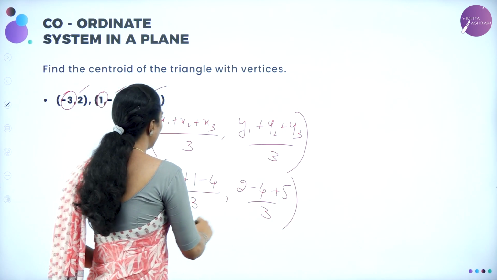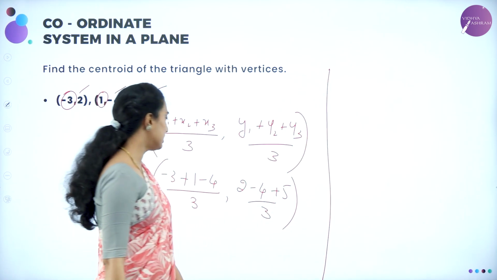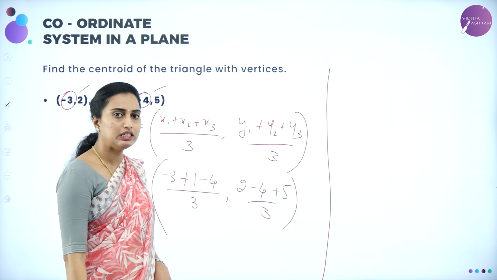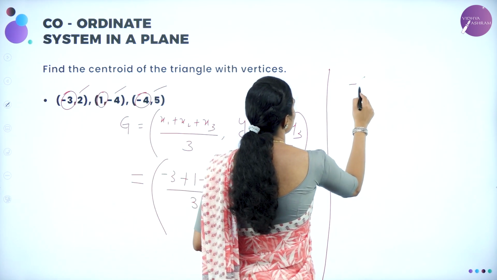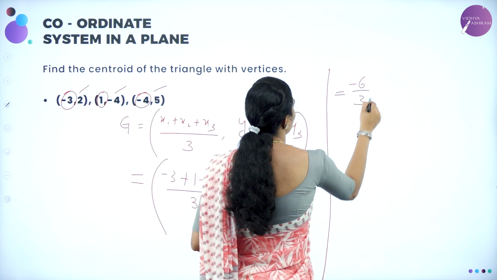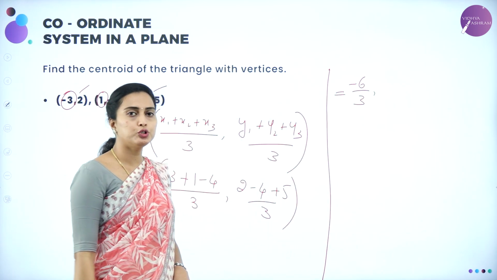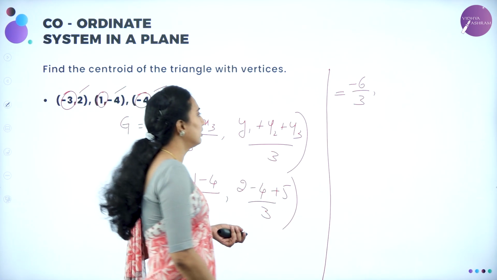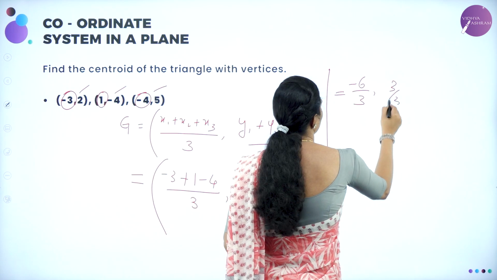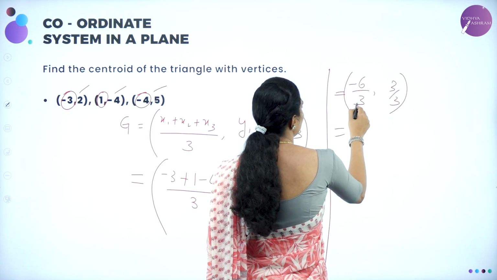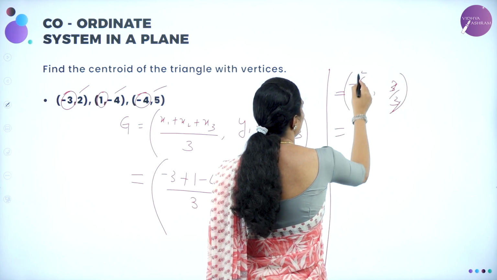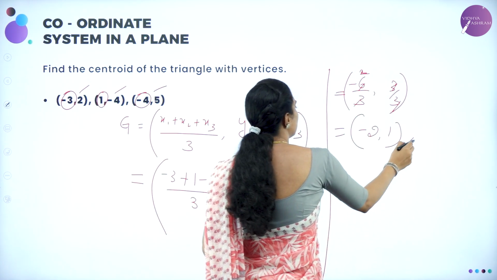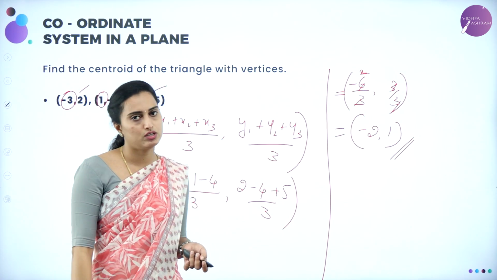So minus 3 minus 4 is minus 7, minus 7 plus 1 is minus 6 by 3, comma, 2 plus 5 is 7, 7 minus 4 is 3, so 3 by 3. The 3 ones are 3, 3 twos are 6, will get cancelled. You are going to remain with minus 2 comma 1. This is your point of the centroid.